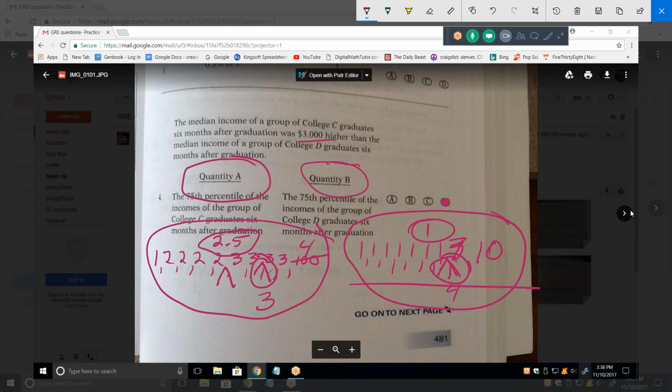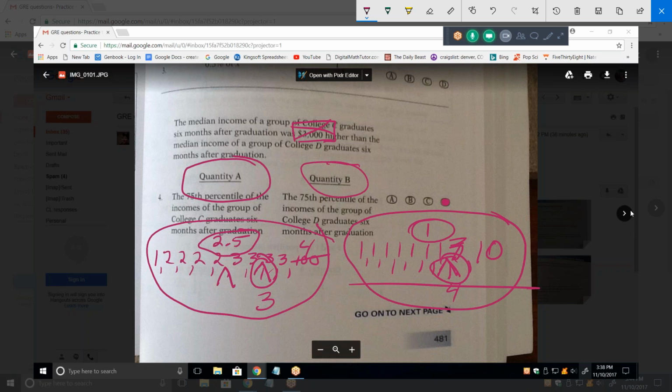Sure. And in terms of whether it's 3,000 higher or not, well, what's this? 2.5 versus 1. Obviously, if I multiply everything by some number, I can get it to be 3,000 higher. It doesn't change anything else. So that effectively is unimportant.